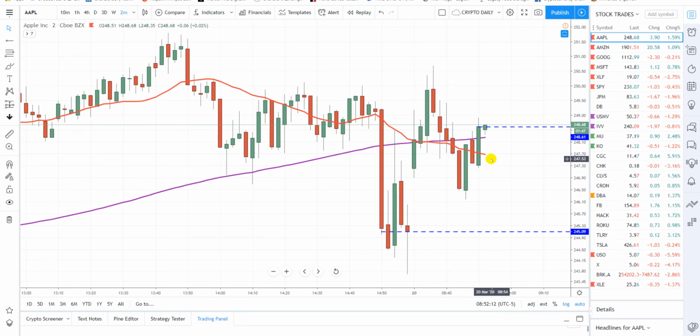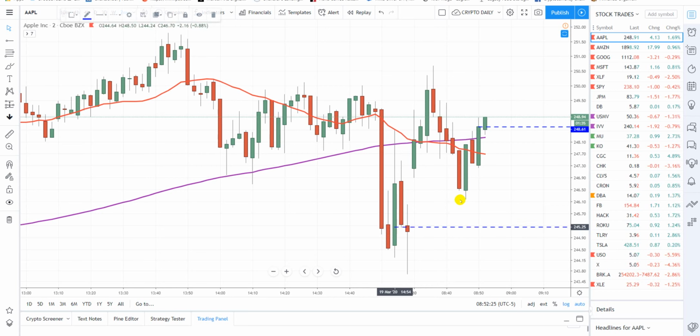Here we go. Okay, we're in at 248.61, and we'll see if we can drive this up. Right now I'm going to put my stop under this candle. Okay, and we're looking for, let's see what the next high pivot is. It might be the top of this candle here.